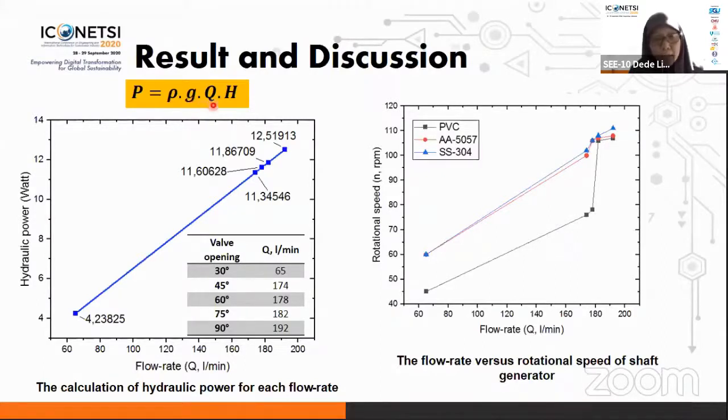Q is the flow rate with the units of meter cubic per second, and H is the height difference or head in vortex power plant with the value of 0.4 meter. In the hydraulic power calculation, the flow rate unit is converted to meter cubic per second. However, to maintain the experiment data consistency, the graph is written in liter per unit.